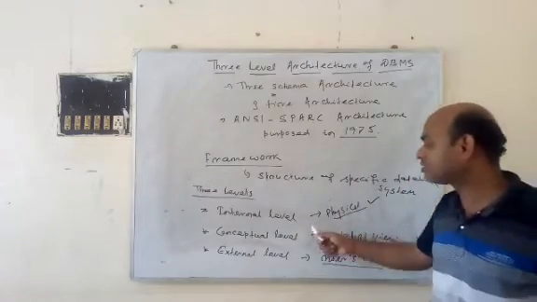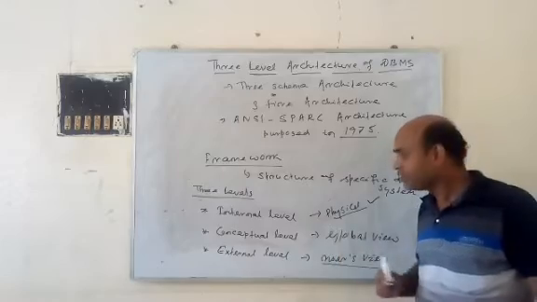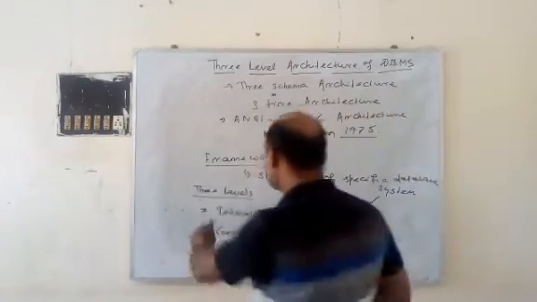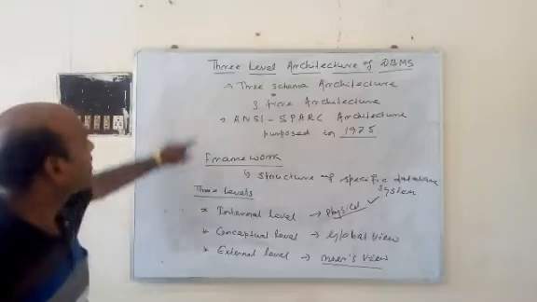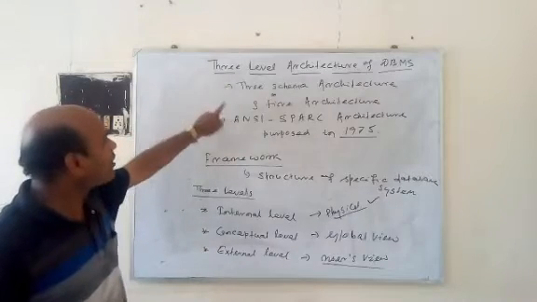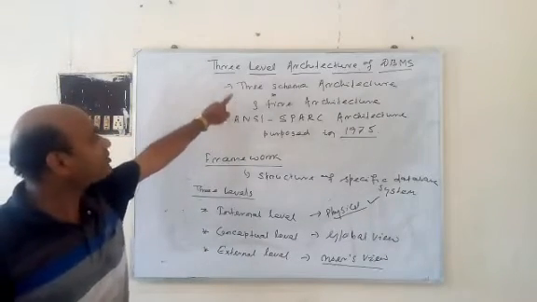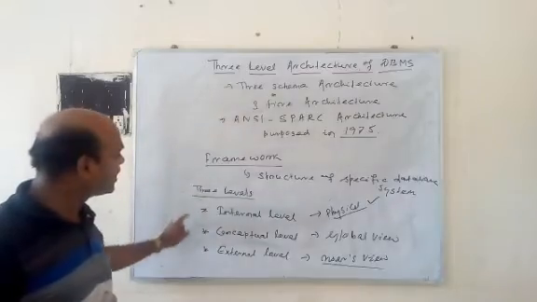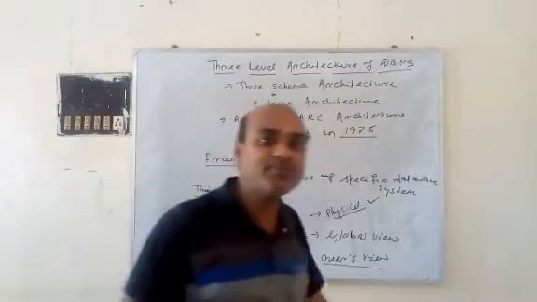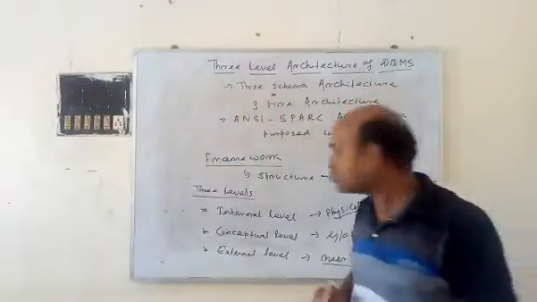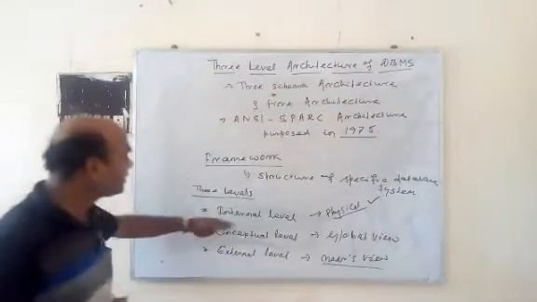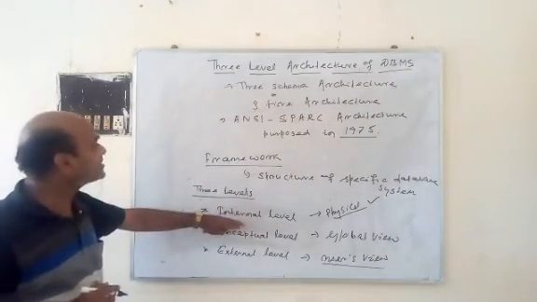Everything will be considered here. Each level of this three-level architecture of DBMS, or ANSI SPARC architecture, or three-schema architecture, is described by its corresponding schema. So a schema working in the internal level is an internal schema.